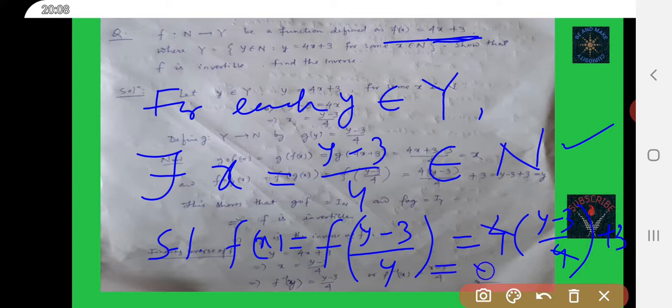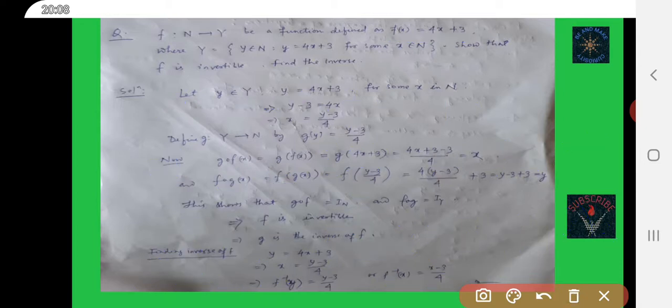Then 4 cancels, you get y minus 3 plus 3, then 3 cancels, then you get y, that is f of x equal to y. So this function f is onto.